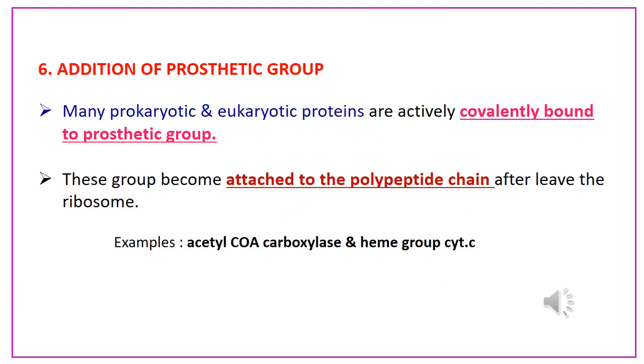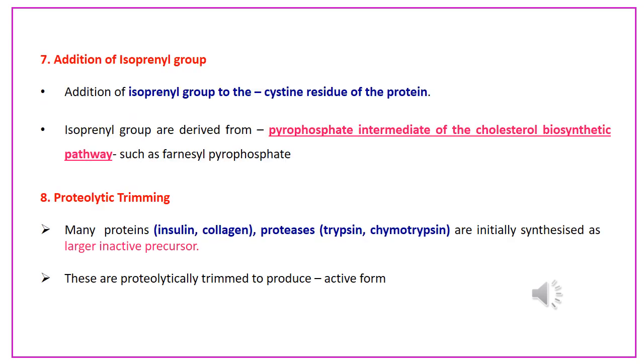Addition of prosthetic group. Many prokaryotic and eukaryotic proteins are covalently bound to a prosthetic group. These groups become attached to the polypeptide chain after it leaves the ribosomes. Examples are acetyl-CoA carboxylase and the heme group in cytochrome C. Addition of isoprenyl group.